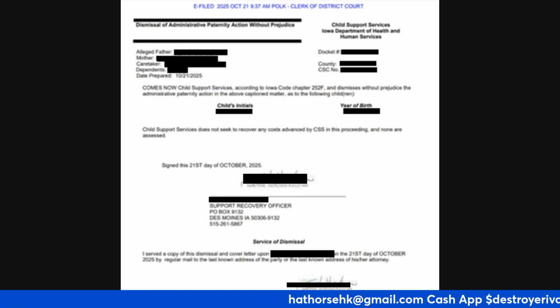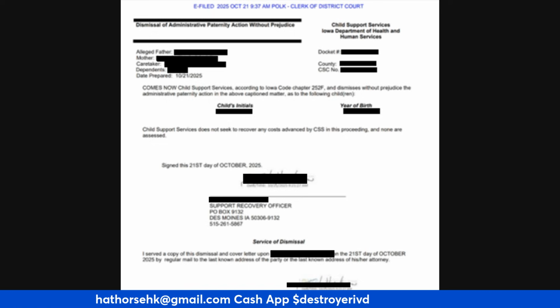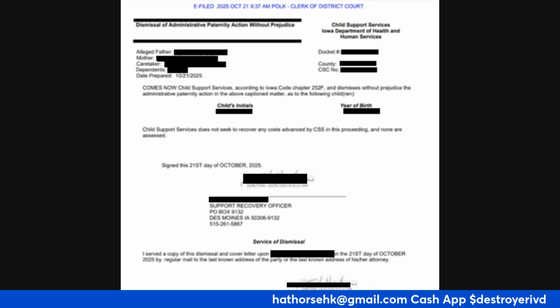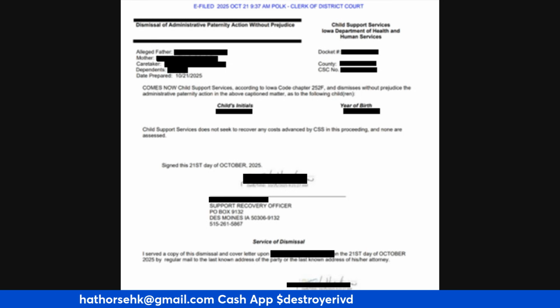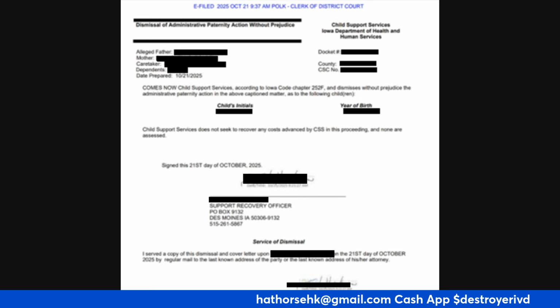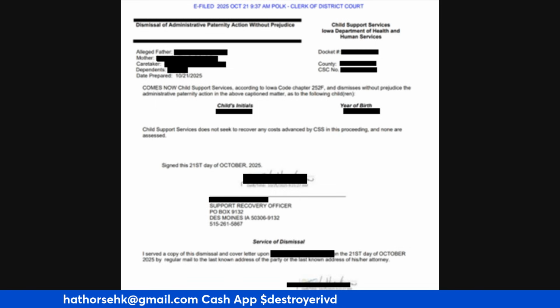I just haven't gotten around to blacking it out yet because I don't want to put anybody's personal information on there. But basically, it says comes now. Sorry, it's a little blurry. It says comes now Support Services according to Iowa, and this was Iowa Code Chapter 265, I think it is, and dismiss without prejudice the administrative paternity action in the above incorporated matter for the following reasons.